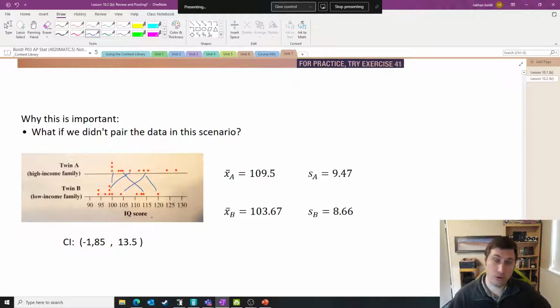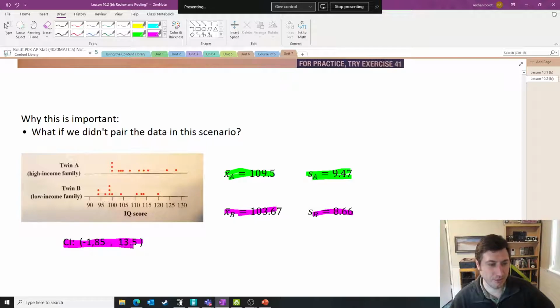We wouldn't know. And so when we run a 2 sample t interval, I found the x bar of A and the standard deviation of A, and then the x bar of B and the standard deviation of B, and you get a confidence interval of -1 to 13.5 for the difference in their IQ scores.